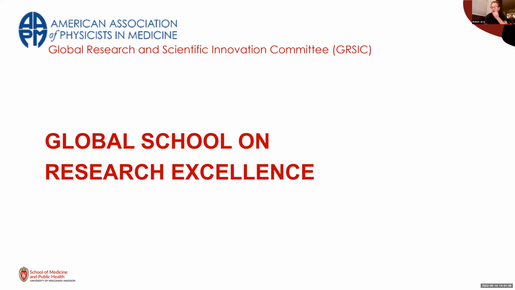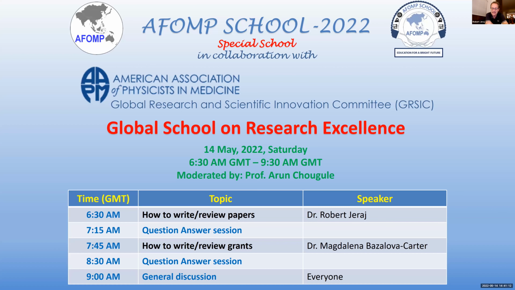So, the Global School on Research Excellence, as we already heard, will have 2 parts. The main goal of this Global School of Research Excellence is really to get together globally to increase best practices that help researchers do good science, present good science, and also obtain funding to be able to do good science.